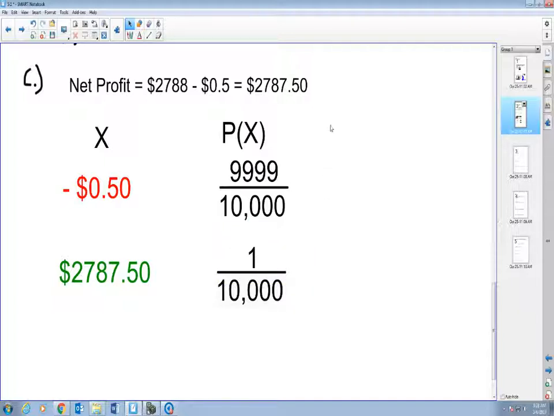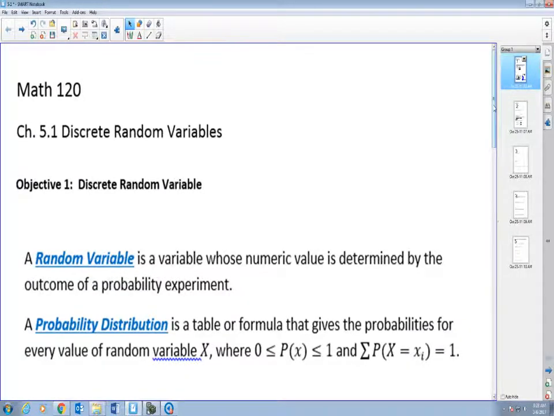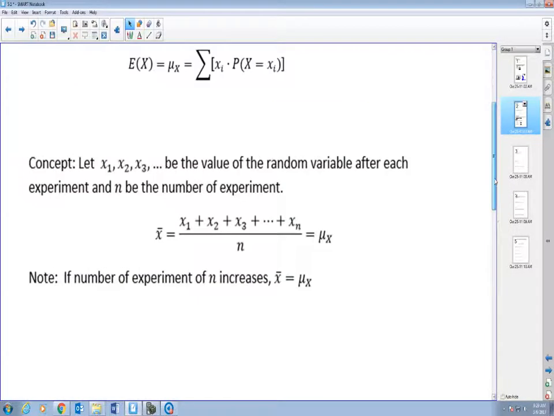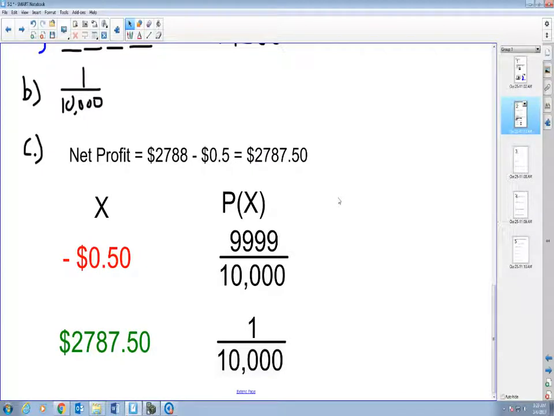So I'm basically trying to follow the formula that I wrote down earlier: the x sub i times the probability. Now if I take my random variable x times the probability of the random variable, let's give it a try.